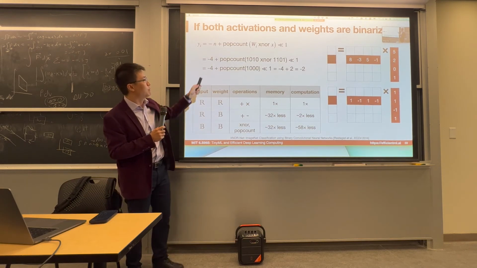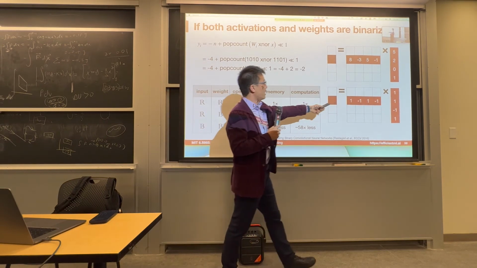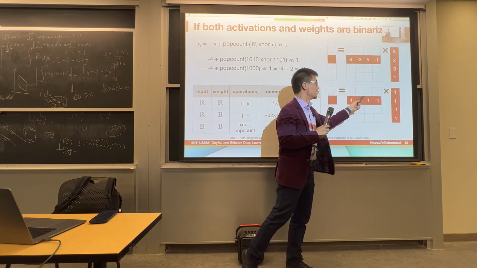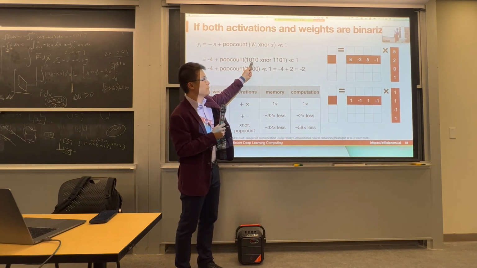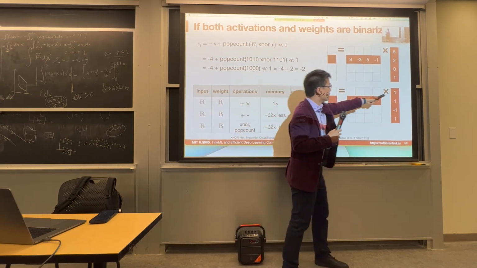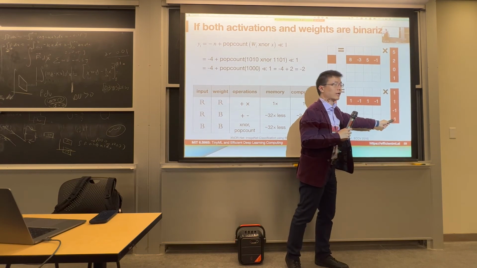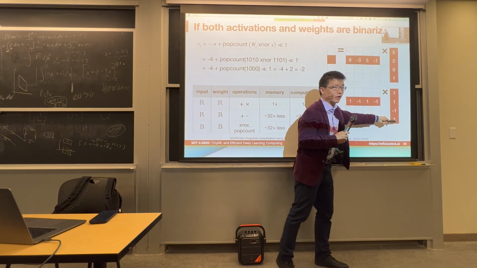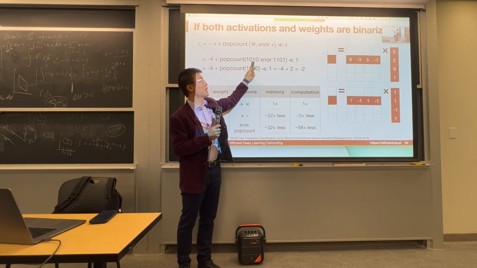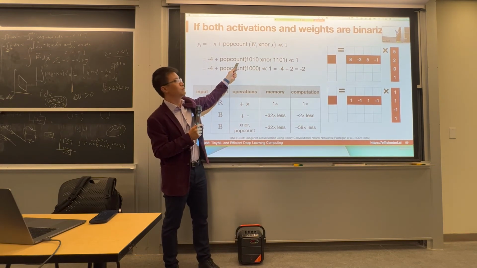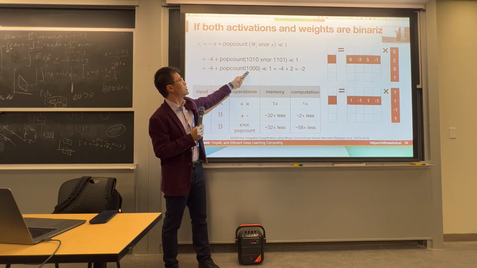Let's give an example. This is 1, -1, 1, -1, which is actually 1, 0, 1, 0. And the activation is 1, 1, -1, 1, which is actually 1, 1, 0, 1. We first XNOR them together and count the number of 1s, which is just 1.